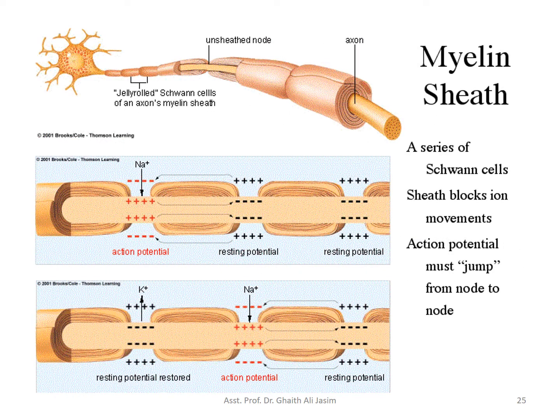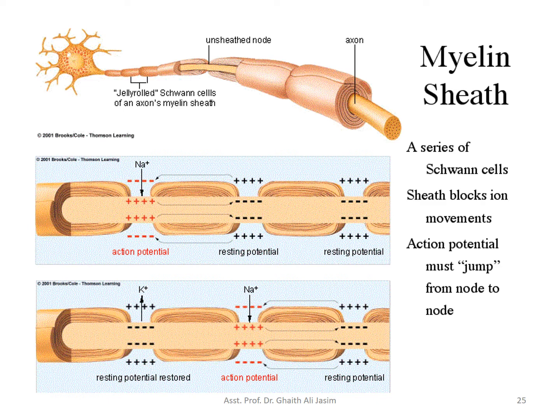We can see in this illustration how the cell membrane is exposed only at the nodes. It's called the nodes of Ranvier. In the red color we can find action potential generation, and in the lower image we can see the jumping of the action potential to the next exposed cell membrane in the nodes.